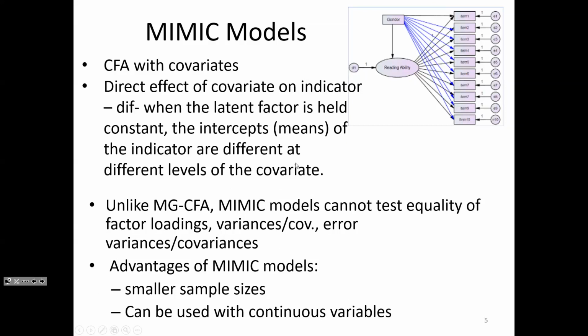What we're doing here in a MIMIC model is saying, okay, gender is going to predict reading ability, and reading ability is going to predict all of these items. And then gender also has a direct effect on each item. If you think about that, that's like a partial regression coefficient. It's the effect of gender on the item after controlling for ability, right?